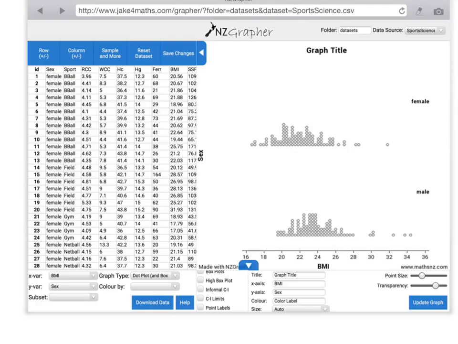If we look here, we've got 15 is 28, 16 is 26, 17 is 28, 18 is 26, 19 is 25, and 20 is 31. So of the women, those are pretty much the highest BMIs, and they're all field athletes.